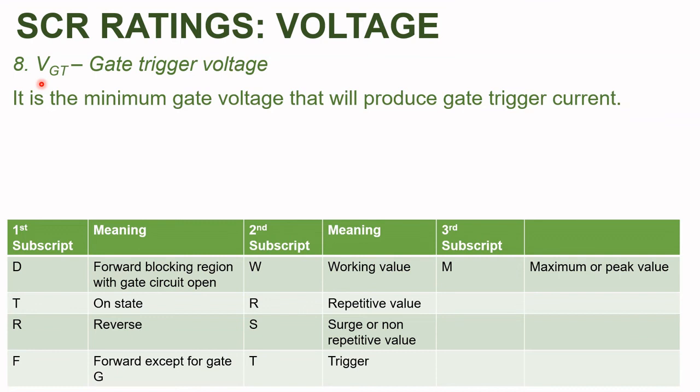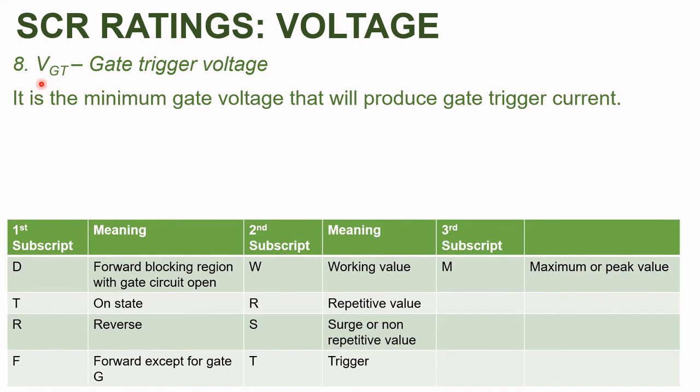Next voltage rating is VGT, that is gate trigger voltage. It is the minimum gate voltage that will produce the gate trigger current.